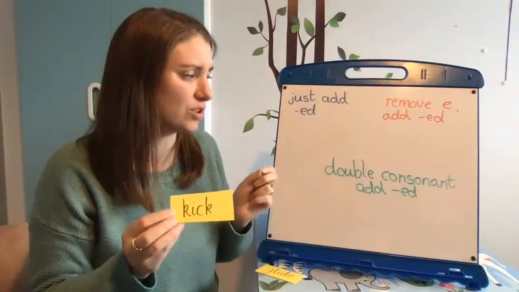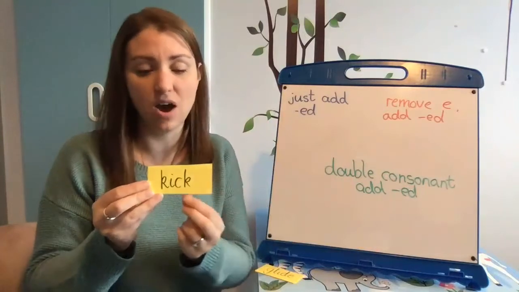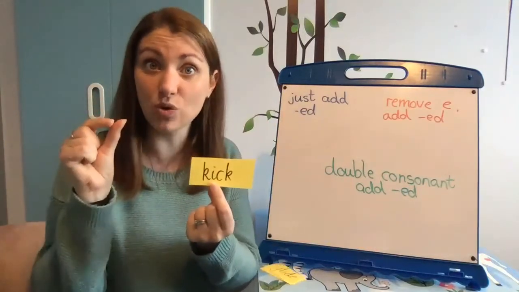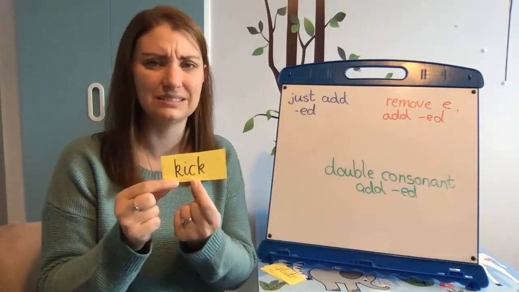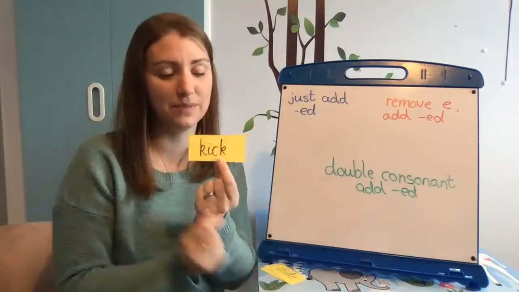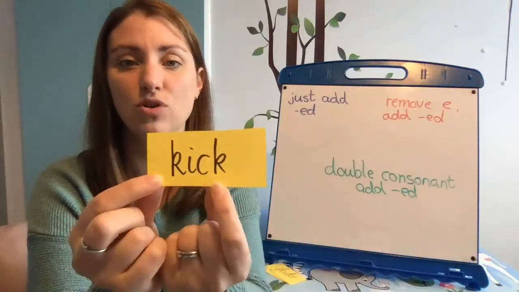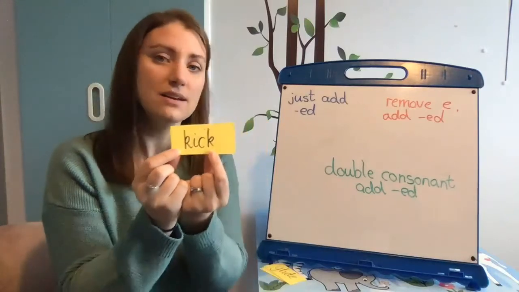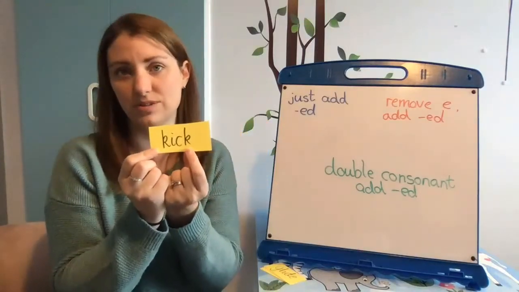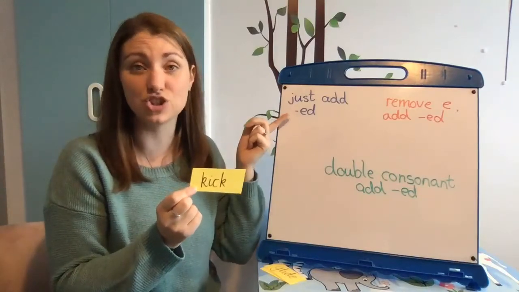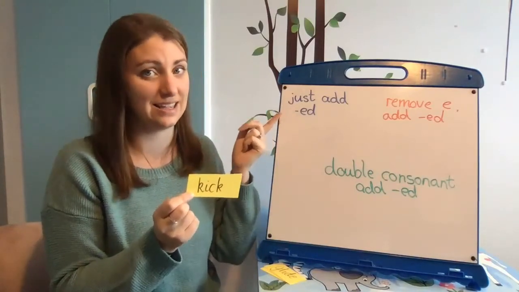Now to double the consonant and add ed, I need to have a short vowel sound. Oh, that is short, isn't it? But I only need one consonant on the end to need to double it. And look, I've got two. I've got a C and a K already. So I don't need to double the consonant. Instead, that leaves me with this one. Just add ed.